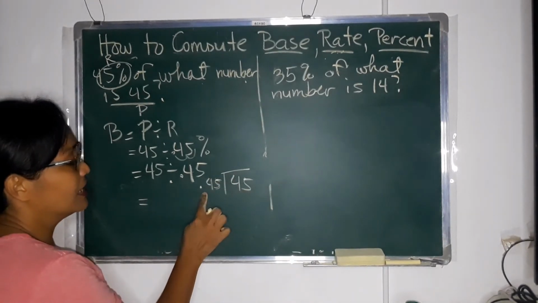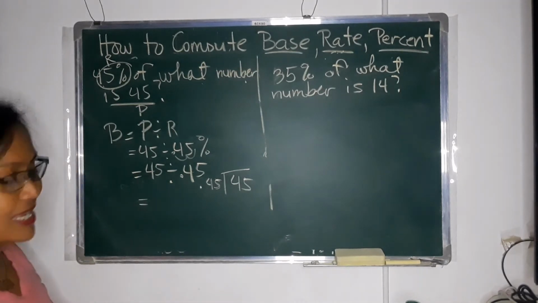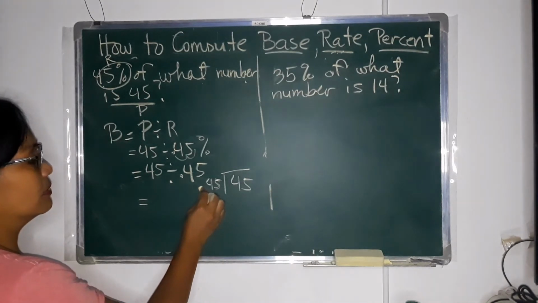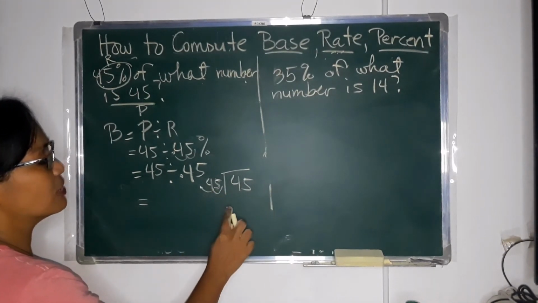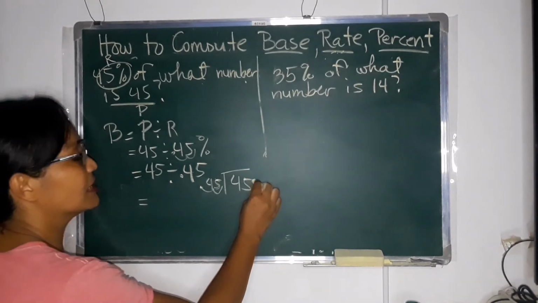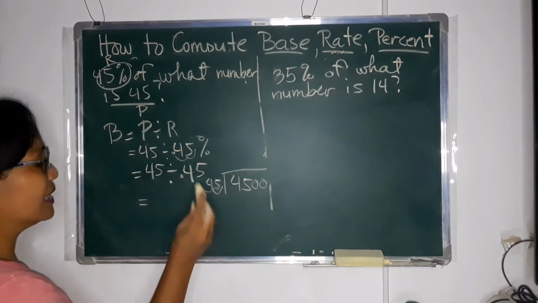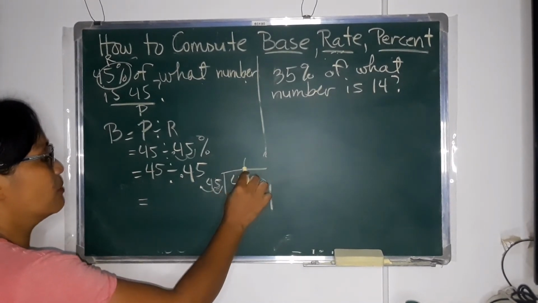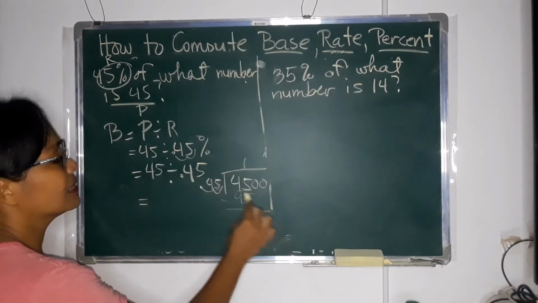So, decimal siya, whole number. So, hindi pwedeng ang divisor natin ay decimal. So, gawin muna natin siyang whole number. So, 1, 2. Kung nag-move ka ng dalawang beses going to the right, magdagdag ka rin ng dalawang 0. Okay, that's the rule. So, 45 divided by 45 is 1. 1 times 45, 45. Subtract, 0.